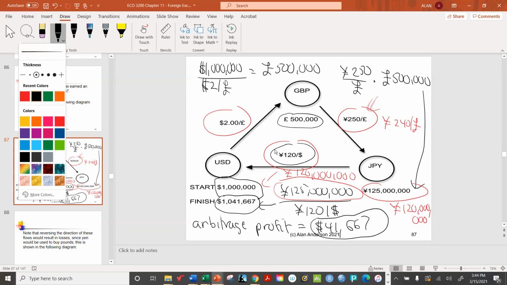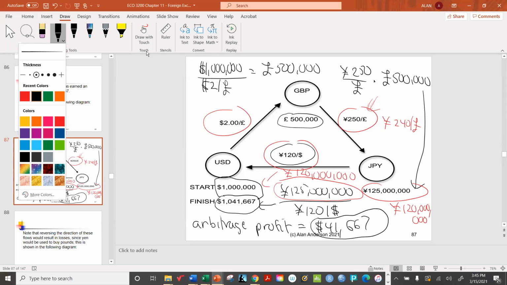Now, let me ask you this question. What if I'd gone backwards in this triangle? What if I took my dollars and used them to buy pounds and my pounds to buy yen? If I took my dollars and bought yen, and then I used the yen to buy pounds, and then I used the pounds to buy dollars, what would have happened?